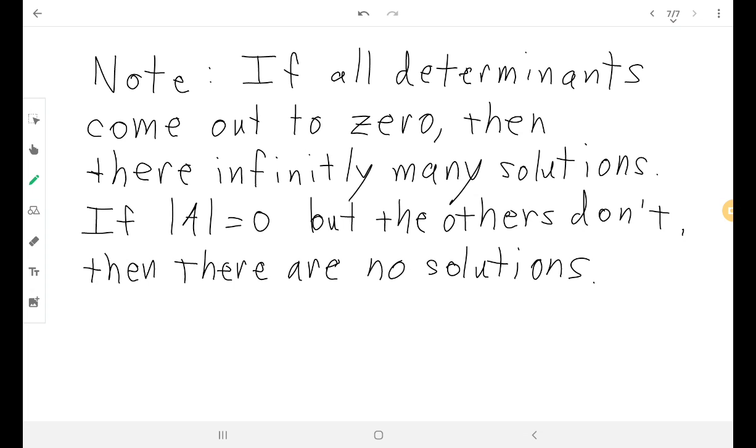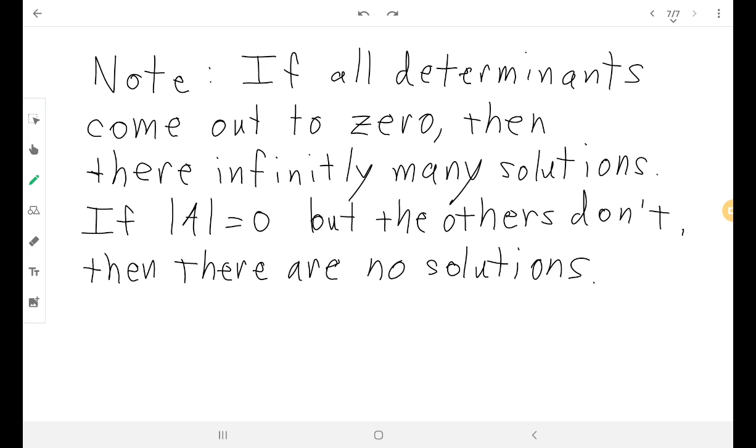On the other hand, if the determinant of matrix A comes out to 0, but not all of the other ones do, then there are no solutions. The idea is that this matrix A coming out to 0 means you're dividing by 0, which is an undefined answer and doesn't tell you a lot.